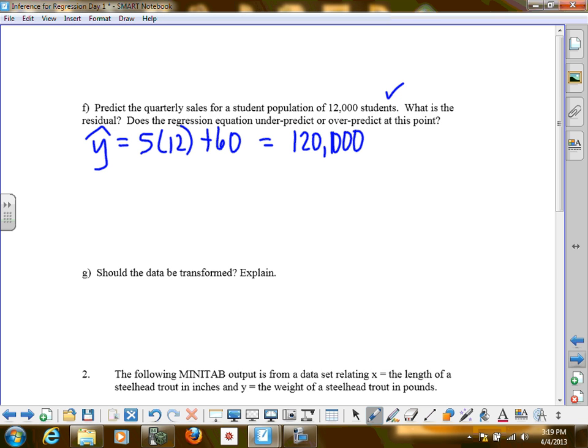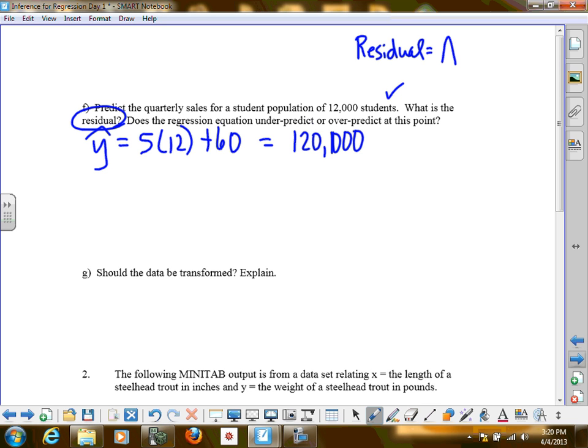What is the residual? Here's another vocab word. First of all, what is a residual? What does that mean? Good, that's correct. So let's remember that the residual is the difference between what was observed and what was expected.